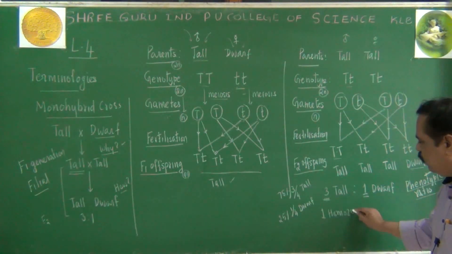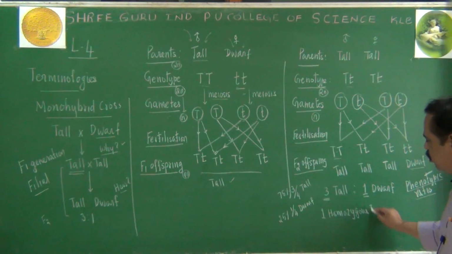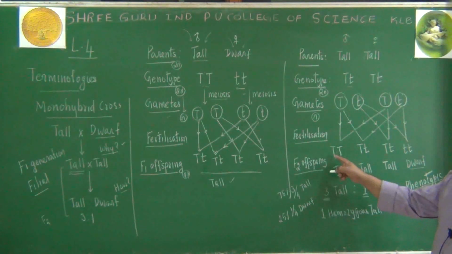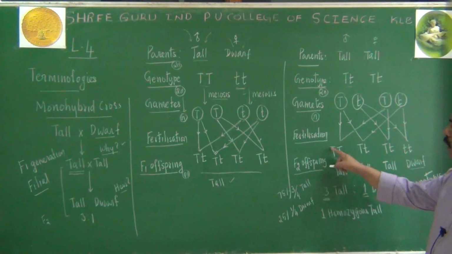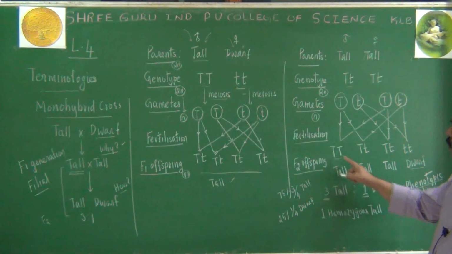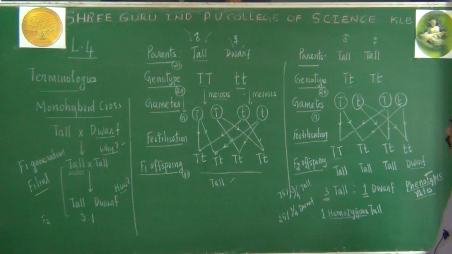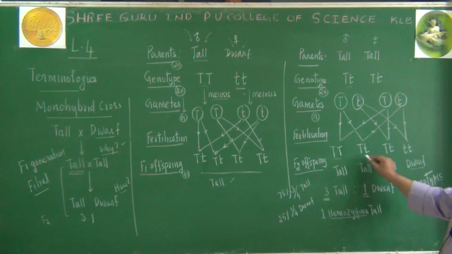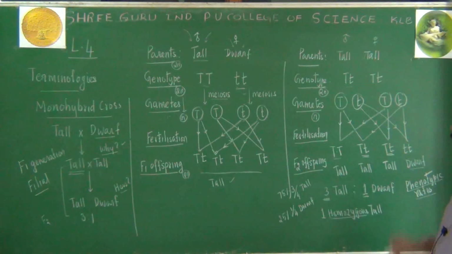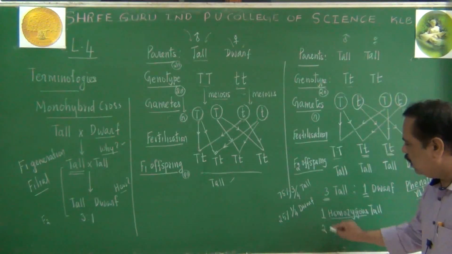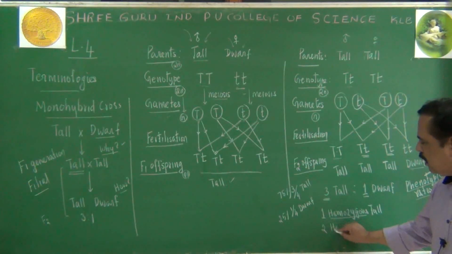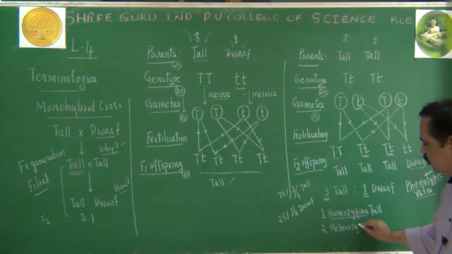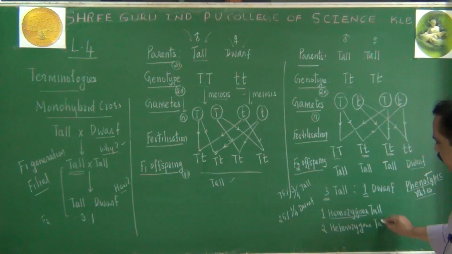One of them exhibits homozygosity. What is homozygosity? The condition in which 2 similar alleles are present. So here both are capital T, so you can say it is homozygous tall. Out of 3 tall varieties, this is heterozygous tall. Is it not heterozygosity? This is also heterozygous tall. So I can say that out of 3 tall, 1 is homozygous tall, 2 are heterozygous tall.